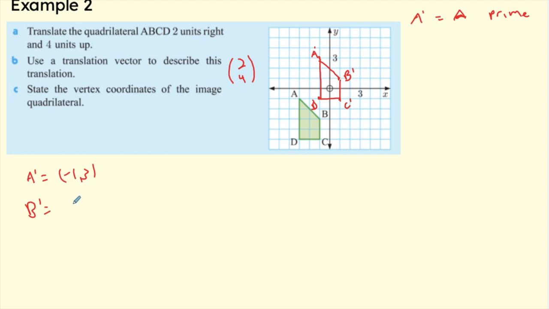B prime is 1, 1. C prime is 1, negative 1. And D prime is negative 1, negative 1. All right, there we go. So this is part A, part B, and part C.